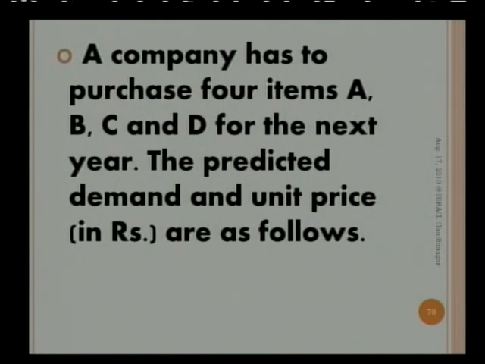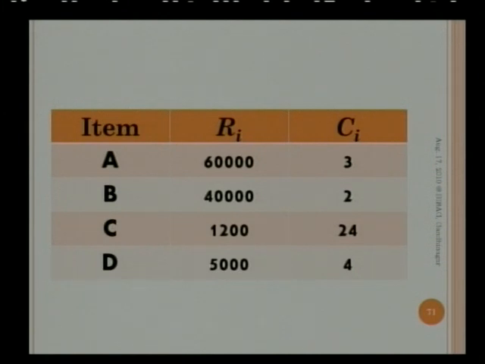A company has to purchase 4 items, say A, B, C, D, for the next year, and the predicted demand and unit price are as follows. From past experience, the manufacturer has predicted this will be the demand of a particular item, and this may be its unit price. We have 4 items.